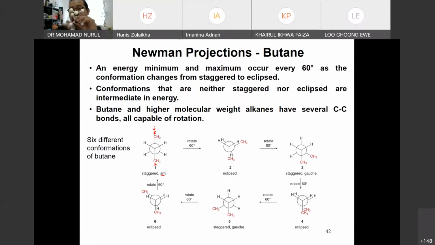You can rotate at carbon number 2 or carbon number 3, and you can easily rotate. This one is eclipsed. When it goes to staggered again, you can see the two CH3 groups are close together.